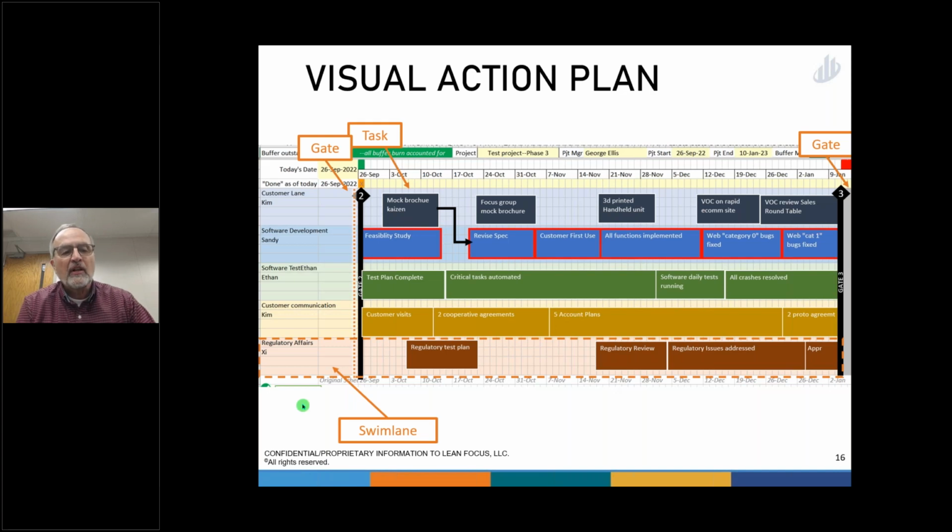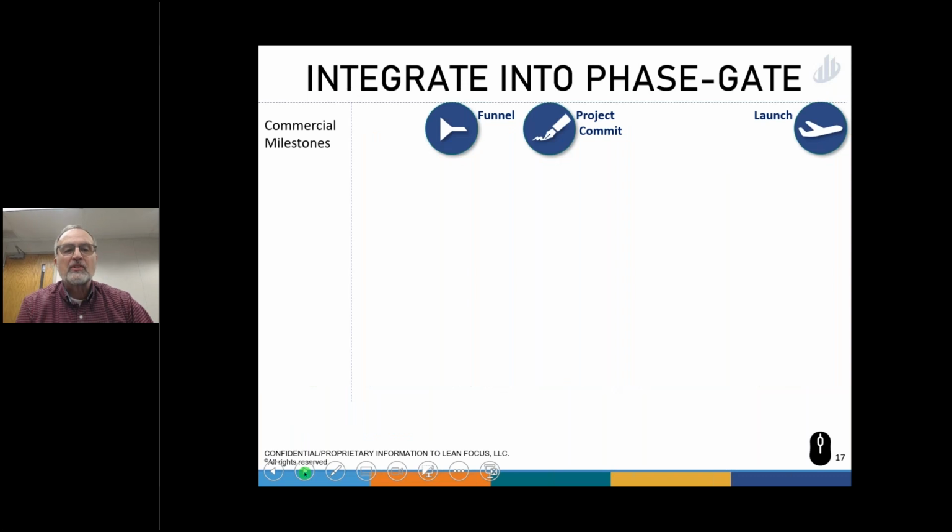This simple view is going to be very important as we move on. And I should have mentioned there's an optional dependency arrow. In other words, it's generally assumed that when projects move left to right, they're dependent, and then you can add dependency arrows to show that one task needs to be largely completed before the other can start.